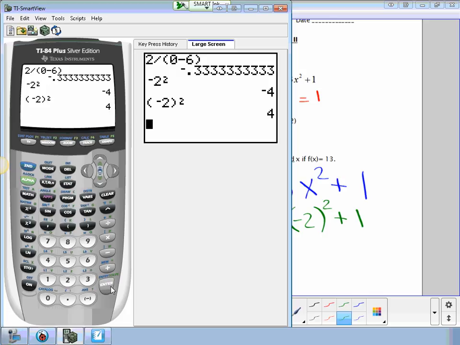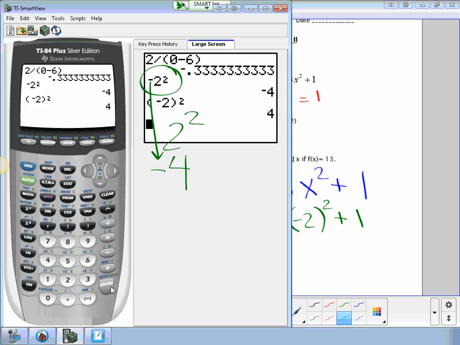So that's correct. You have to have the parentheses if you're going to rely on the calculator. Here it does 2 squared, which is 4, and then makes it negative because it doesn't have the human brain behind it, thinking of what you want it to do.